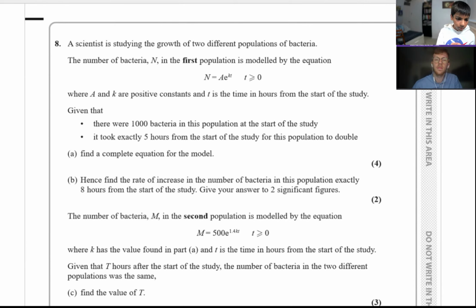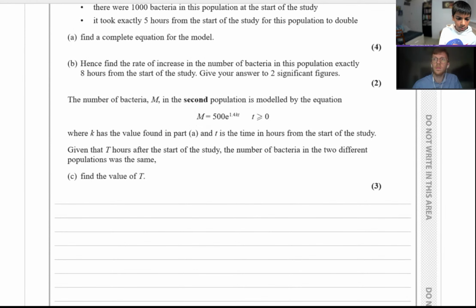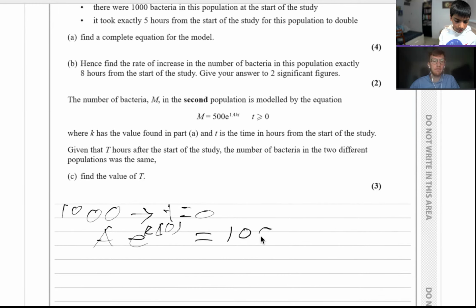If there were 1,000 at the start, then that's where t is 0. So A times e to the power of k times 0 is 1,000, and e to the power of anything times 0 is just e to the power of 0, which is just 1.